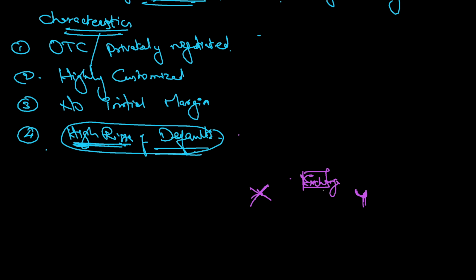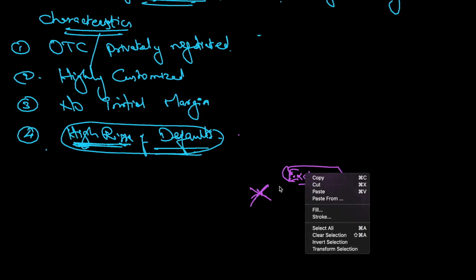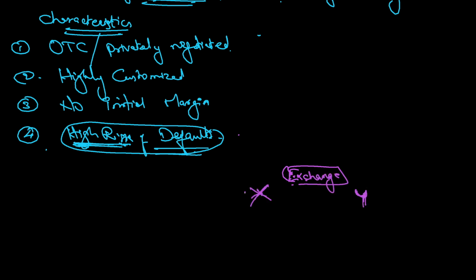So what happens over here is, when an exchange is involved, the exchange acts as the third party in the contract. Now X will be paying initial margin to the exchange so that he doesn't dishonor the contract.